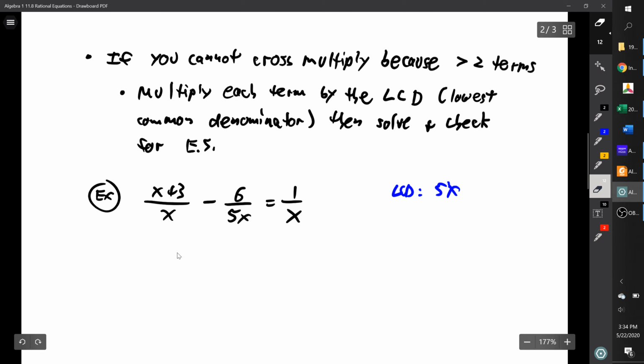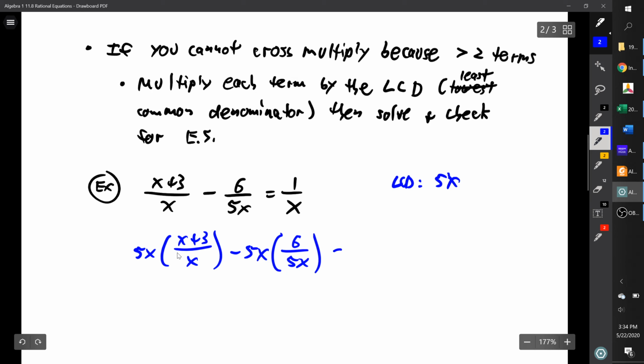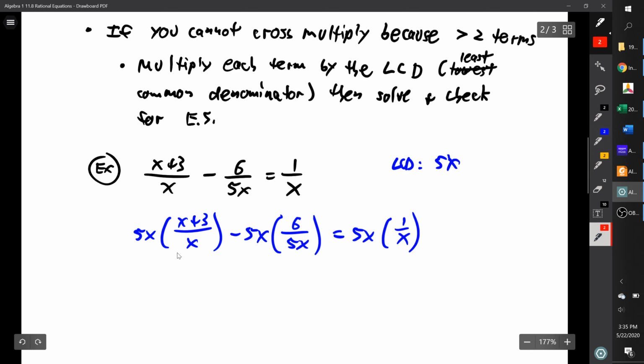We need to multiply each term by the least, since that's the more common wording, least common denominator. So here's what we get. We get 5x times x plus 3 over x, minus 5x times 6 over 5x, equals 5x times 1 over x. And let's see what cancels. Okay, well, this is an x being multiplied.